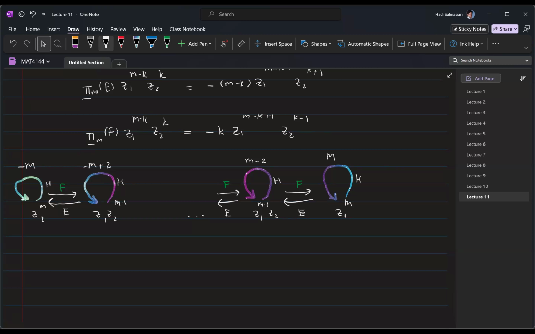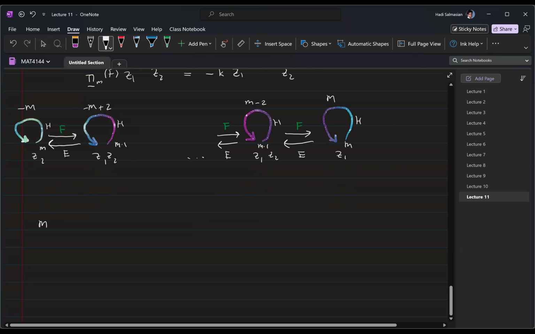So let's just do the case m equals 3. In this case, the basis will be Z2 cubed, Z1 Z2 squared, Z1 squared Z2, and Z1 cubed. This is an eigenvector for H with eigenvalue 3, this one with eigenvalue 1, this one with eigenvalue minus 1, and this one with eigenvalue minus 3.